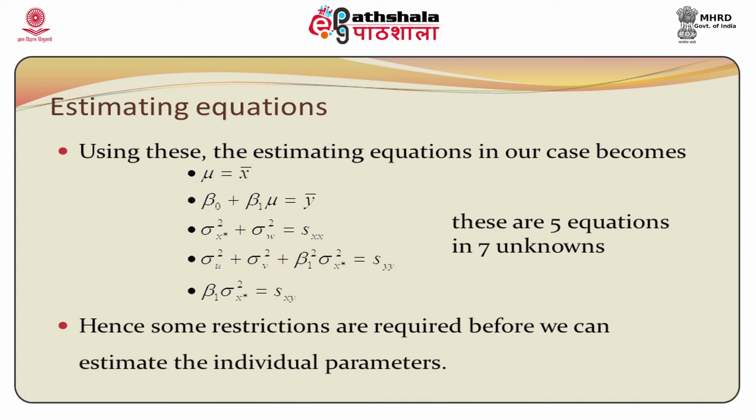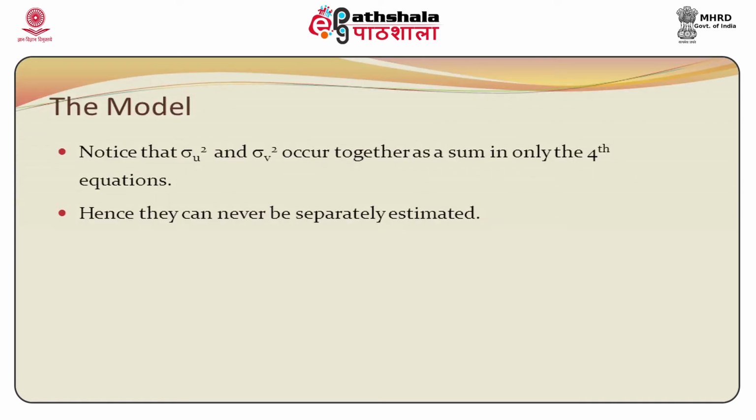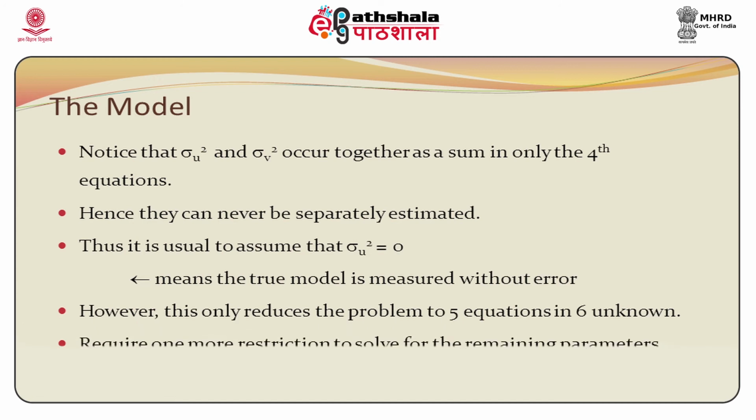Now, before we look at the type of restrictions we would need to put in, notice something. Notice the 4th equation here. In the 4th equation we have sigma u square plus sigma v square, and these two terms do not come in anywhere else. So, we cannot eliminate one and estimate the other.